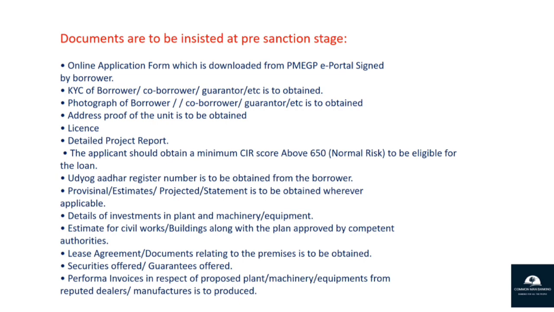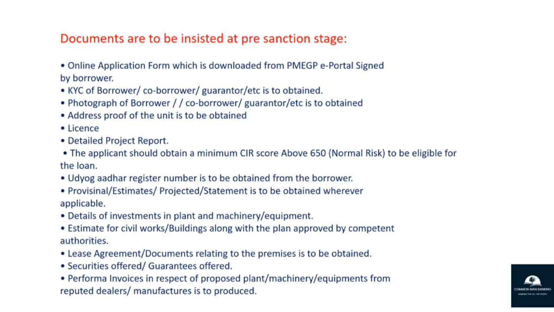If the loan component includes the construction of a building, the detailed civil works and building cost, with the plan approved by the competent authority, has to be attached with the loan application. As I said earlier, lease agreements and documents relating to the premises also have to be obtained. And security offered. Sometimes if the building is your own building, you can give that as primary security.